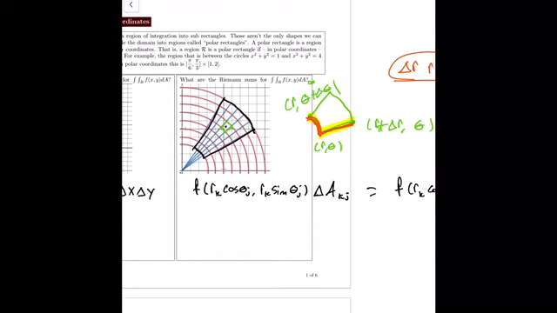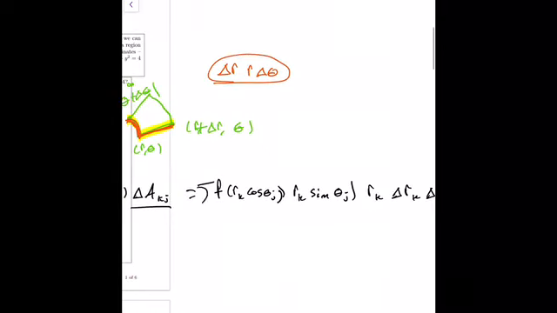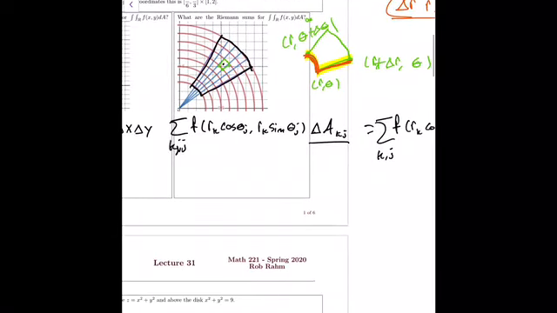So in other words, if we evaluate f at some point in that polar rectangle, say at the point r_k cosine theta_j, comma, r_k sine theta_j, and then multiply by the area, and then add all of this up for all k and j values, this is approximately going to be the integral of f over the region. Now, as we get more and more of these polar rectangles, this is going to go to a double integral.